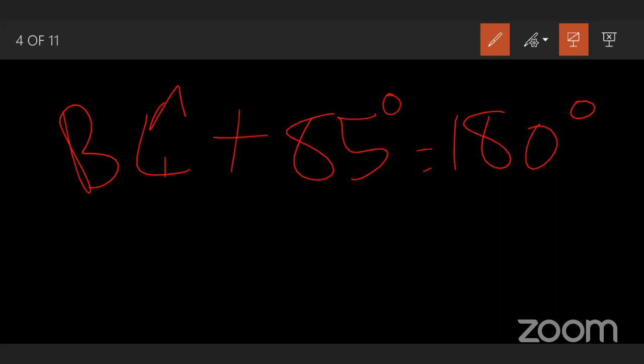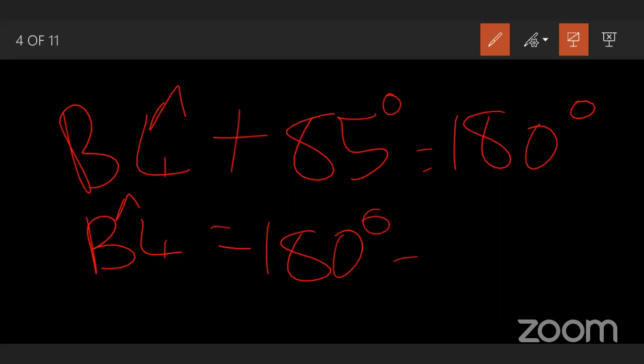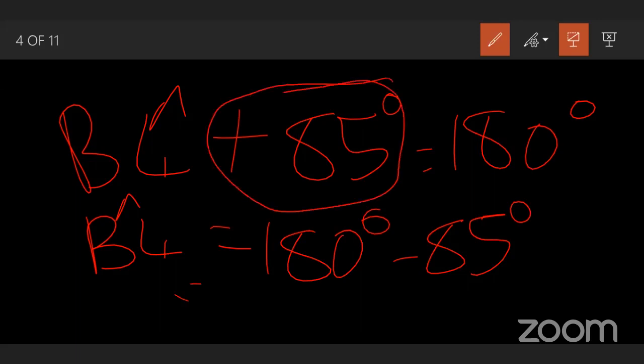So let's do our step number 2. Step number 2 will be our B4 angle equals 180 degrees, subtract 85 degrees. Our final answer will be, guys, please comment your final answer. You see here, this 85 is positive.